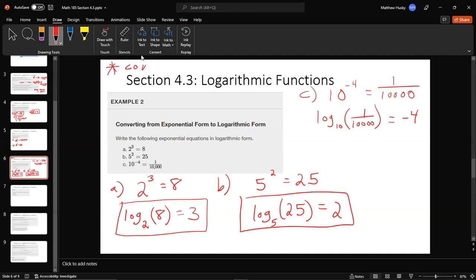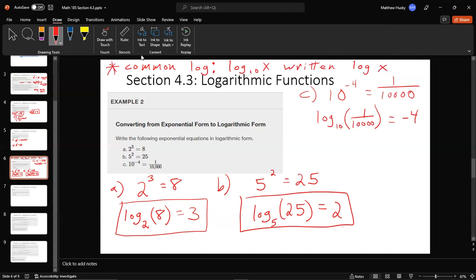There is something known as the common log. And that's just log of base 10 of x is written as just log x.